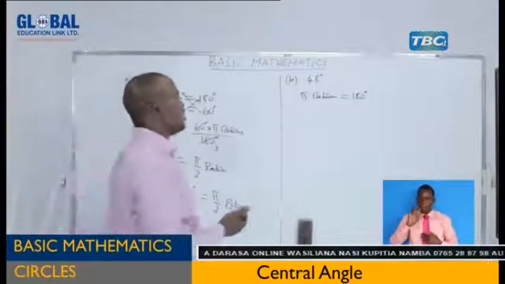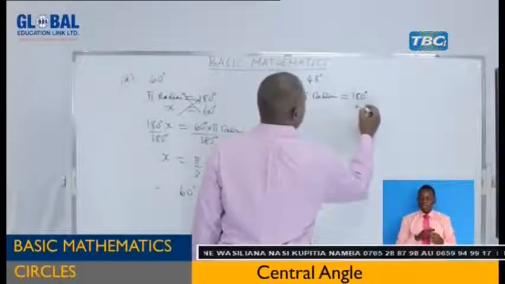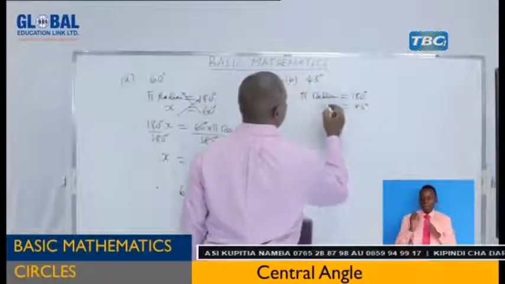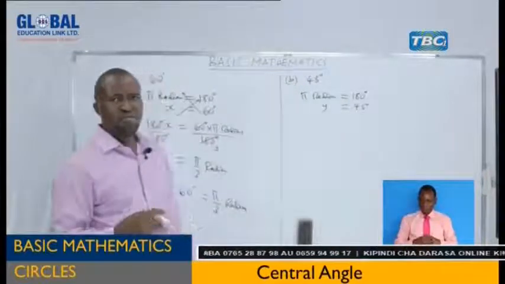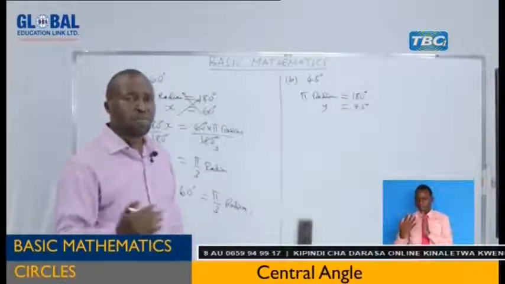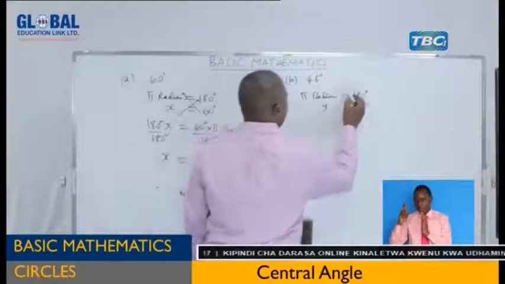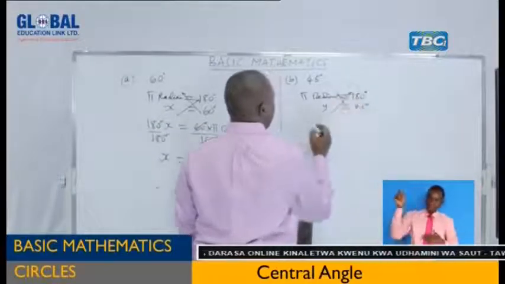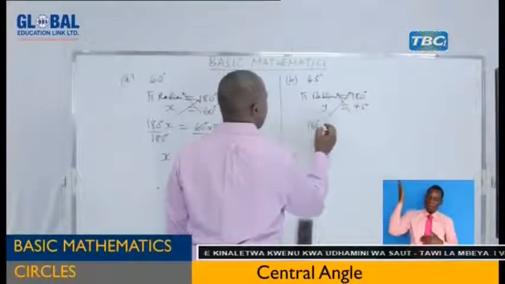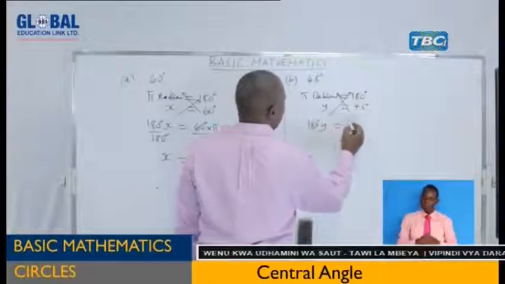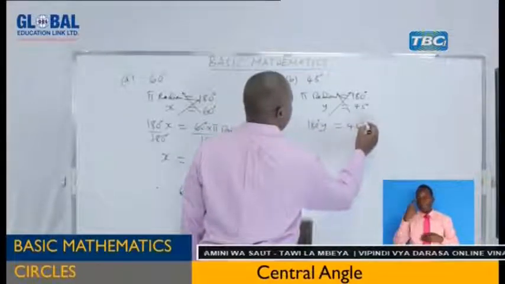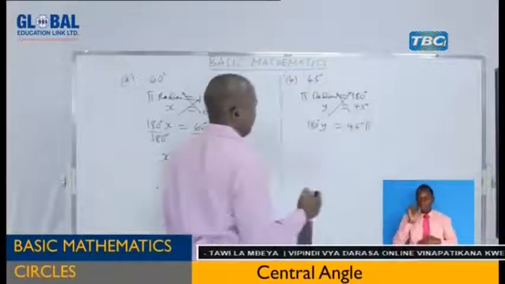Now, what about when it is 45 degrees? Do the same, do cross multiplication. That is 180 degrees times y, which is equal to 45 degrees times pi.